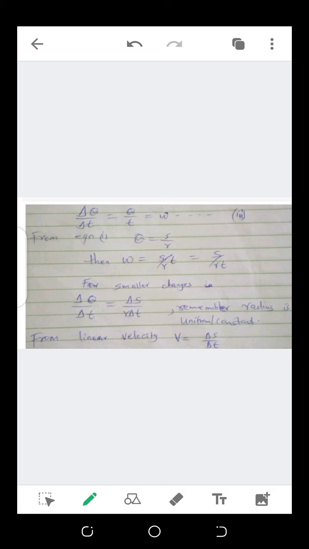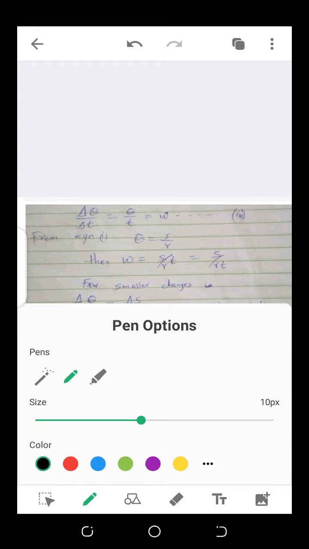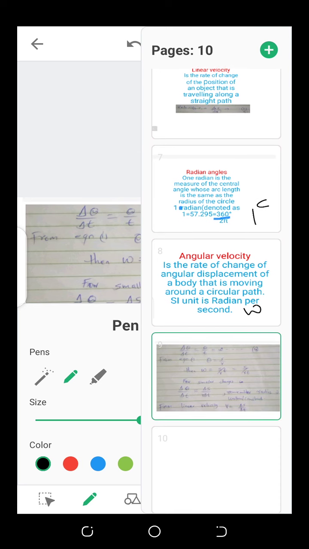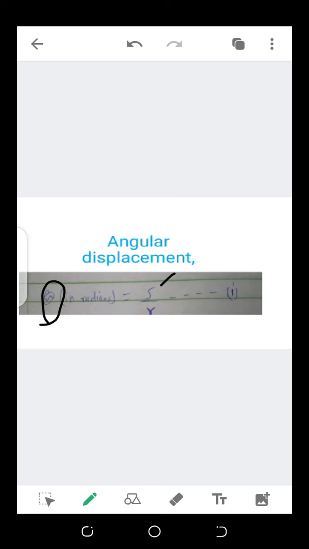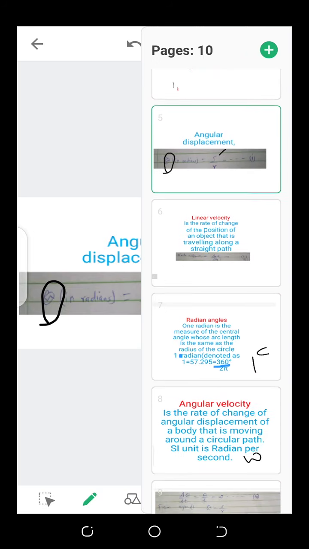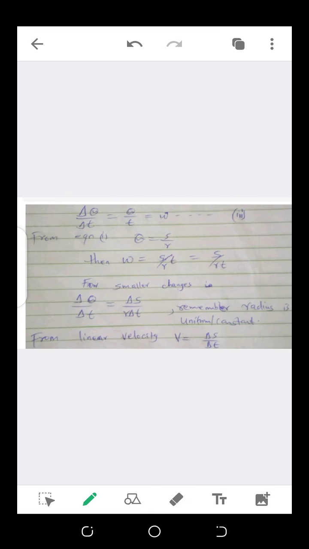Now from the equation where theta, our angular displacement, is the arc length divided by the radius, this is our equation 1, where theta is equal to S over R, and S is our arc length. We divide by the radius. That is our equation 1, and we want to use it here.